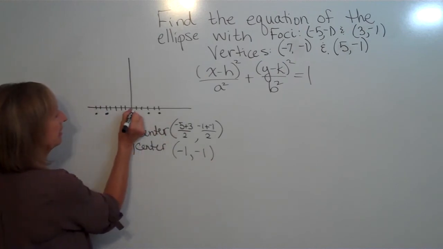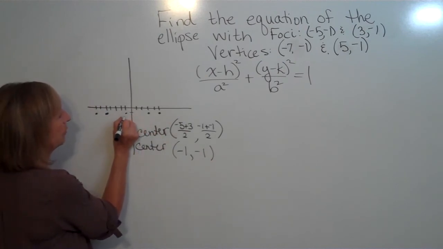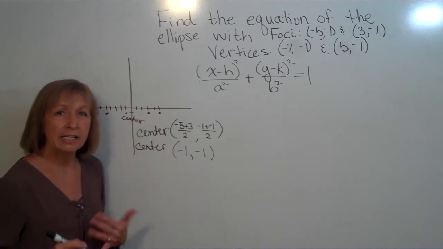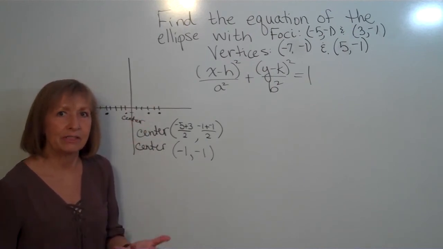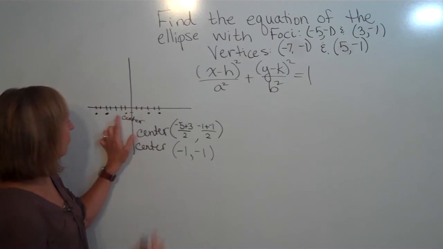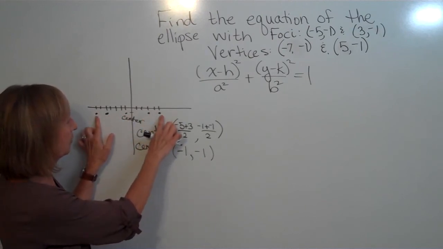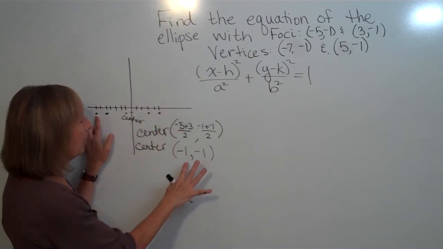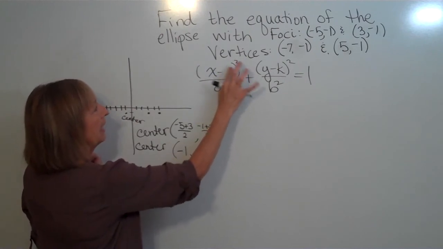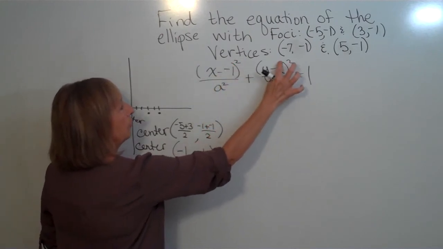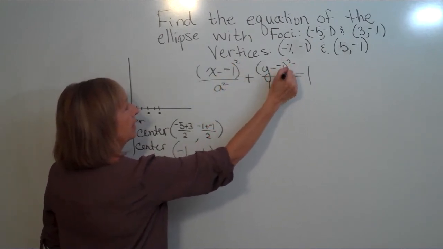So my center is at negative 1, negative 1. And I just want to put that on my picture so I can visualize and see if it's on the right track. Yeah, that's halfway between those points. So now I know my h and k. I know my h is negative 1. I know my k is negative 1.